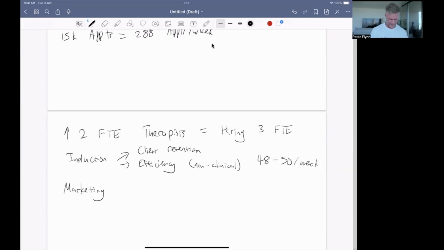Now, if we make the assumption that our PVA in this example is 5, and let's say it's going to stay at 5, in order for us to add an extra, call it 100 clients a week, divide that by 5, we're going to need an extra 20 new clients.